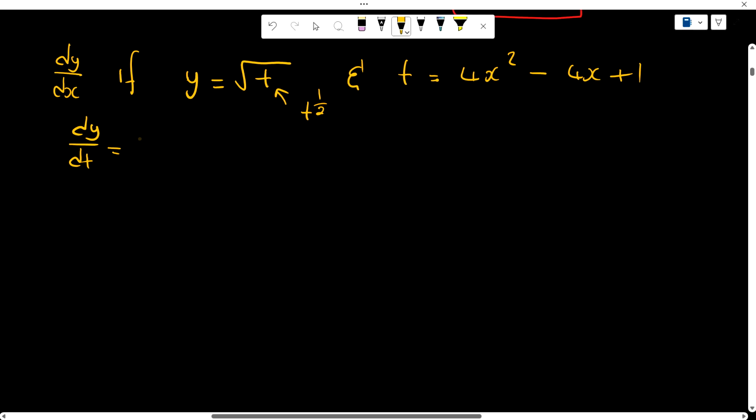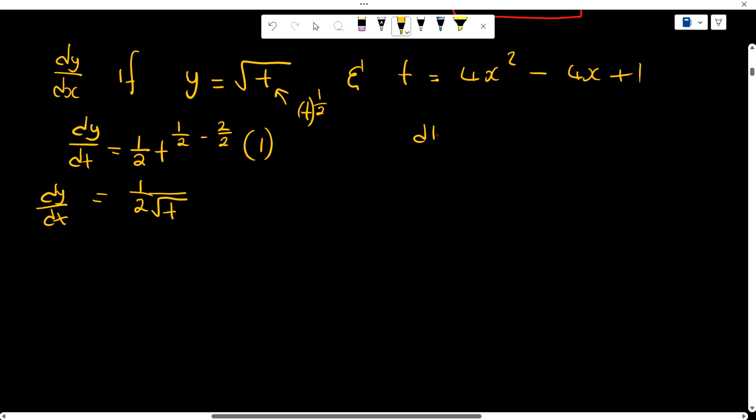Therefore, to derive that, I will bring the half forward, and then t to the half minus 1, and then times the derivative of what's inside, which is t, which is 1, and therefore you have a half and then square root of t, right? So that there is my dy/dt.